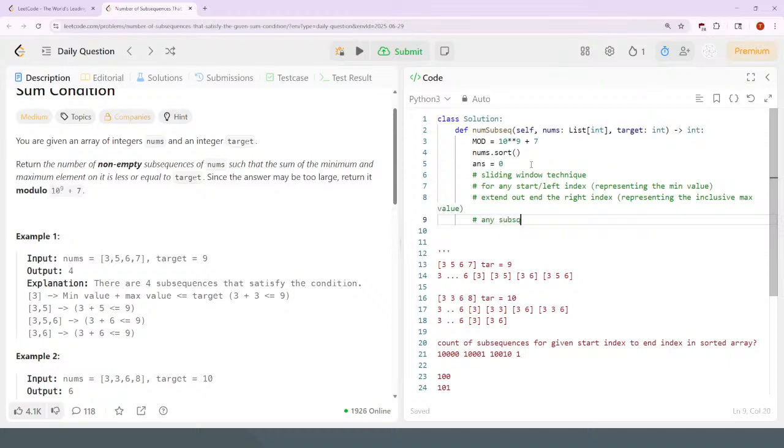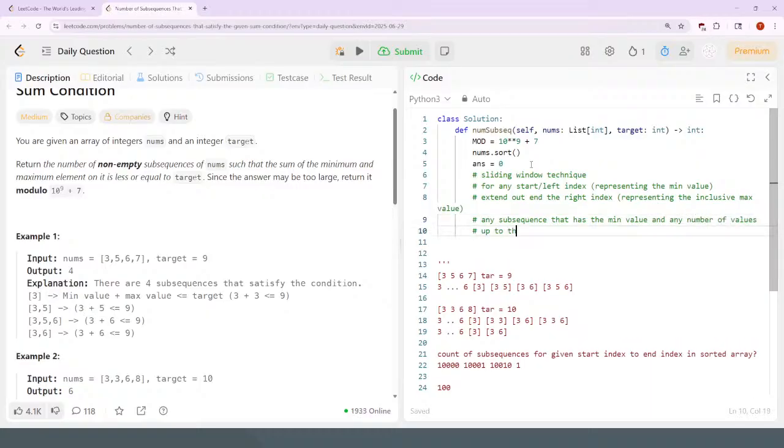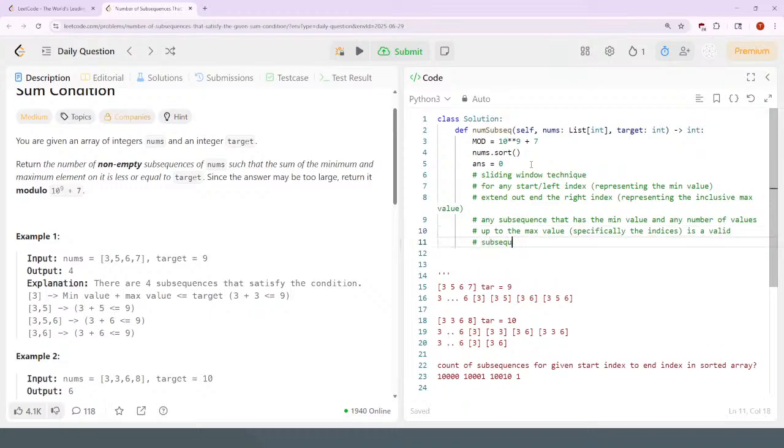Any subsequence that has the min value and any number of values up to the max value, or in this case specifically the indices, is a valid subsequence for the answer.